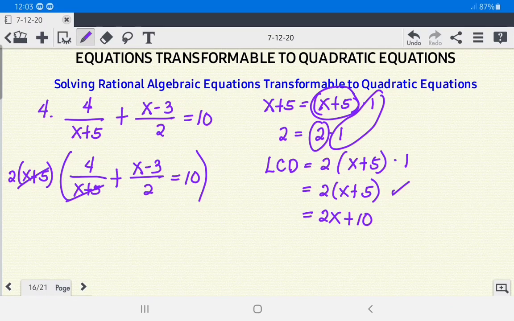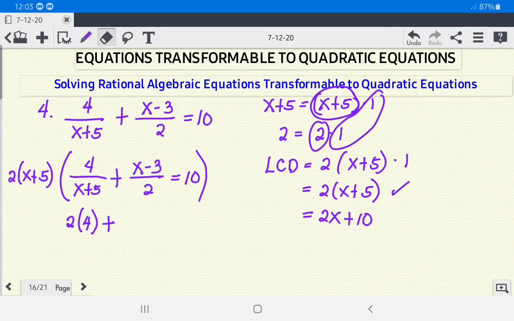That is 1. So, we have only now 2 and then 4, right? So, we have 2 times 4. Then, plus. Okay, again, let us multiply this by x minus 3 over 2. So, this time, we cancel 2 because 2 divided by 2 is 1.